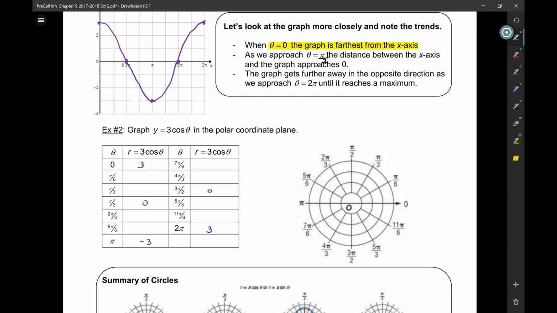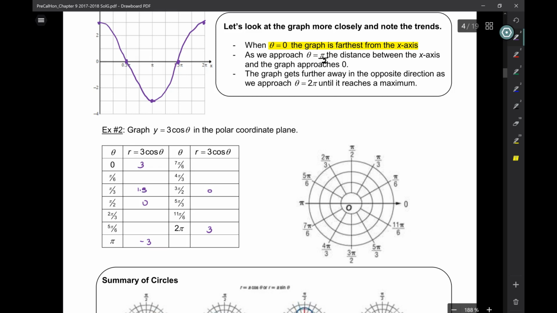And what's cosine of pi over 3? 1 over 2, right? That means at pi over 3, this is going to be 1.5.